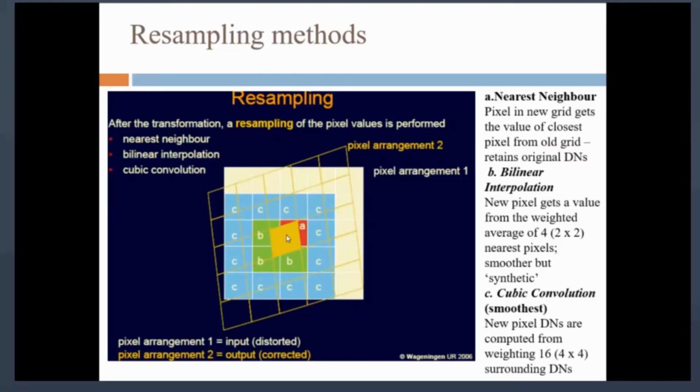Here you will have contribution from all the neighboring pixels and the actual pixel which had the maximum portion covered in the output pixel. So you will get a smoother picture. You will not retain the actual DN value because now it will become A plus 3 times B by 4. So the actual DN value is gone. A new DN value is created, but your output will be smoother.